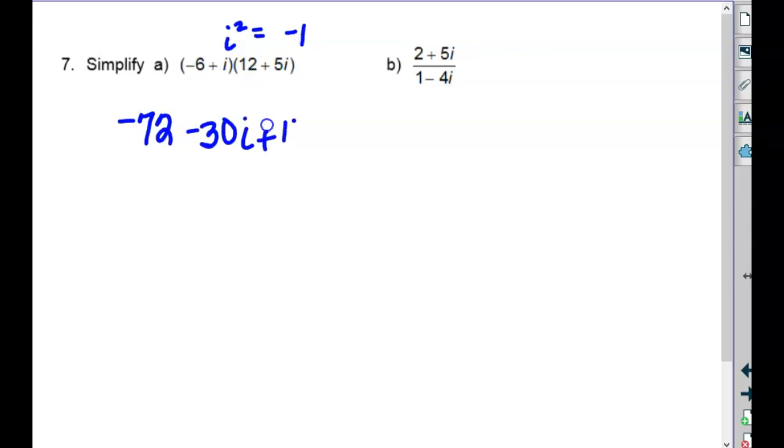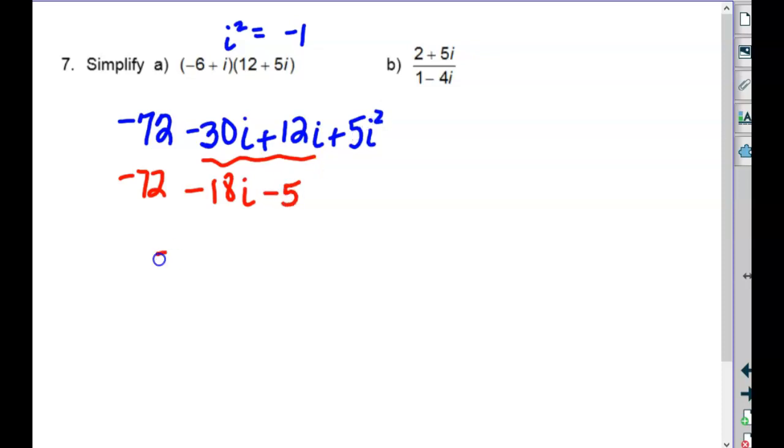Inside I have plus 12i. Last times last is plus 5i squared, which will become -72. These two combine to become -18i. And 5 times -1 will be -5 back there. So I got -77 minus 18i.